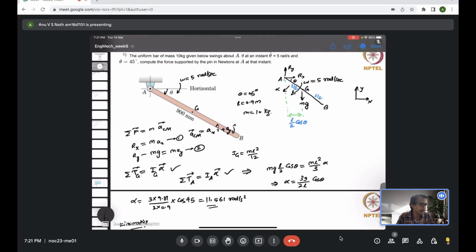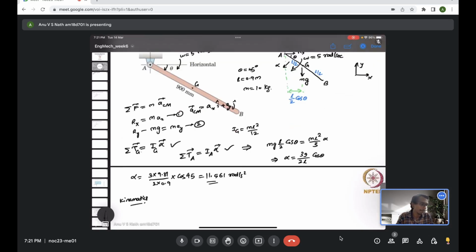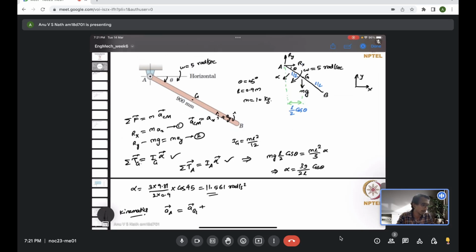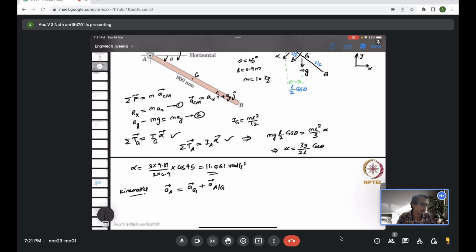So basically, the acceleration of point A in a vector sense, you can write as the acceleration of point C, not C, I mean the center of mass, let's say G is the center of mass, plus the acceleration of A relative to G. This is basically the relative acceleration equation. Now you can expand this. There will be two components of the acceleration of A with respect to G, a normal component and a tangential component.